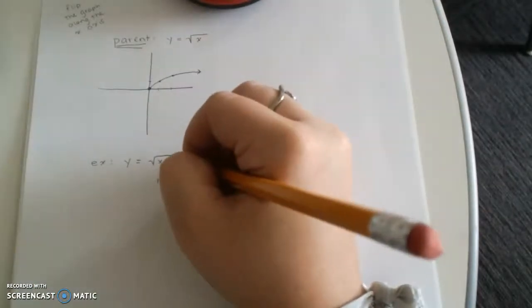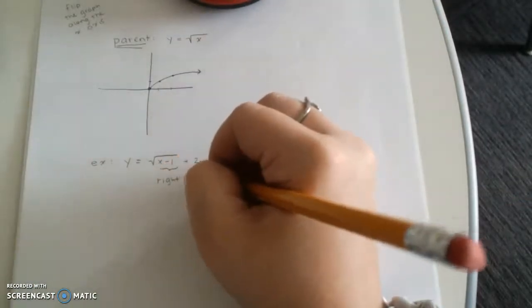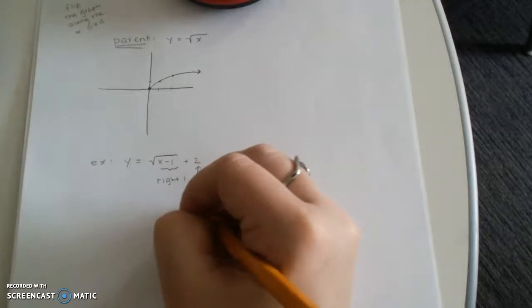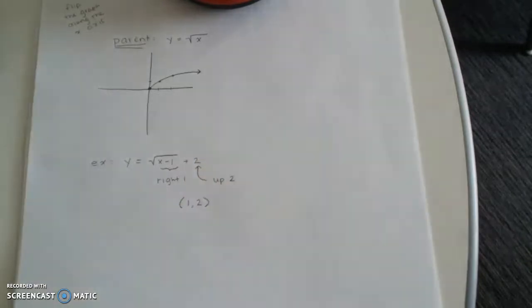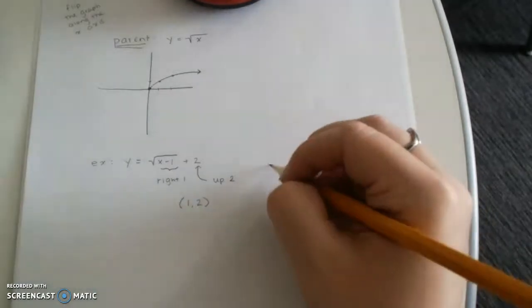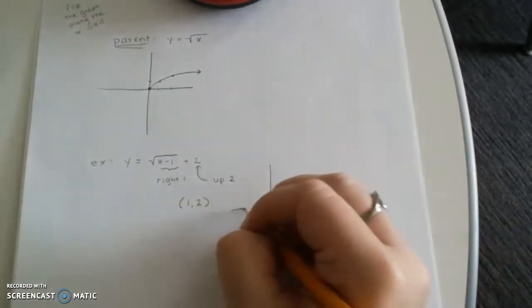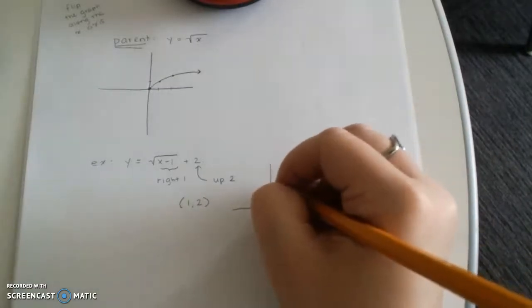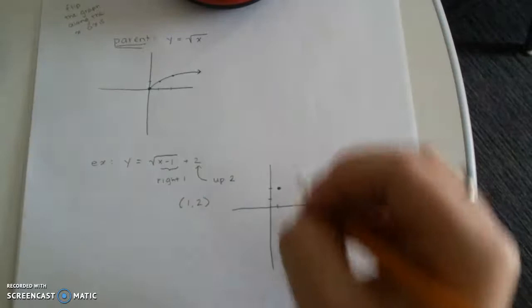This 2 is going to tell me up or down. This is going to cause me to go up 2. So my new vertex is right 1, up 2. So when I graph that, that's my new vertex.